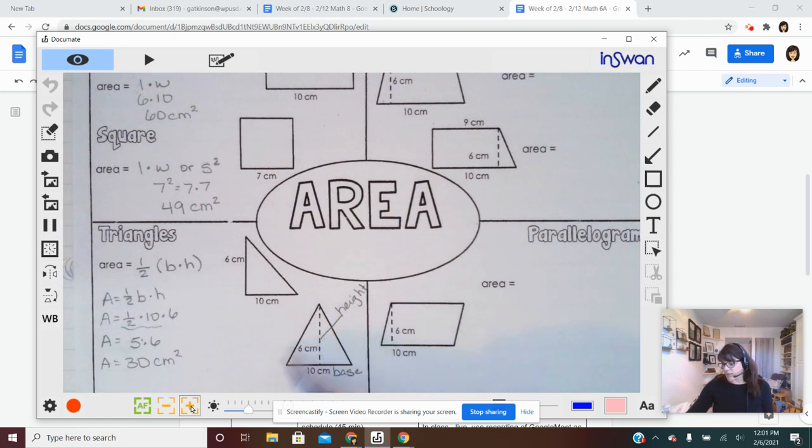On any other types of triangles, you're going to see this dotted line that shows the height. Okay. So now we're going to take that information, we're going to do a little practice, and then I'm going to let you loose with your homework.